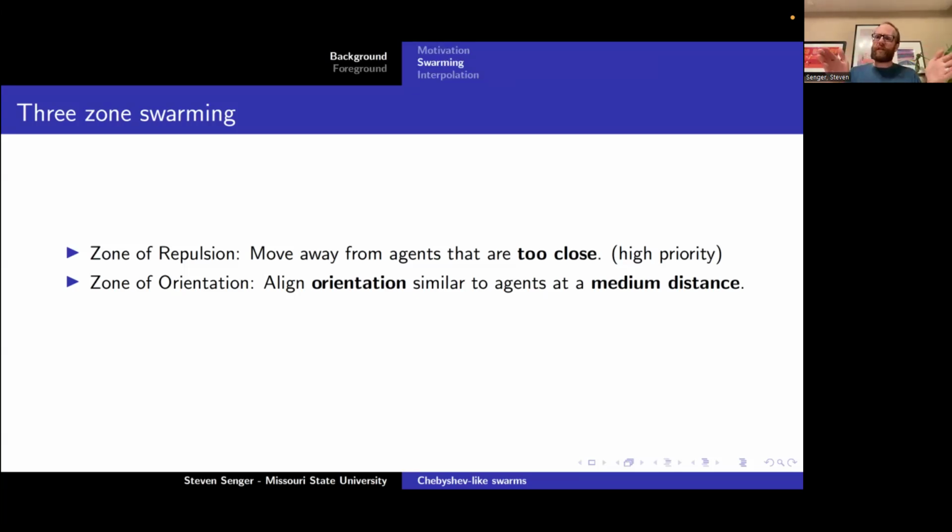Next, as long as they're not going to run into each other, if they're at a medium distance, then the next priority down is that they align orientation. So what does orientation mean? It means that the robots are going to look to see where everyone else is pointed, which direction everyone else is heading in. I think of this like a group of people walking across a street.